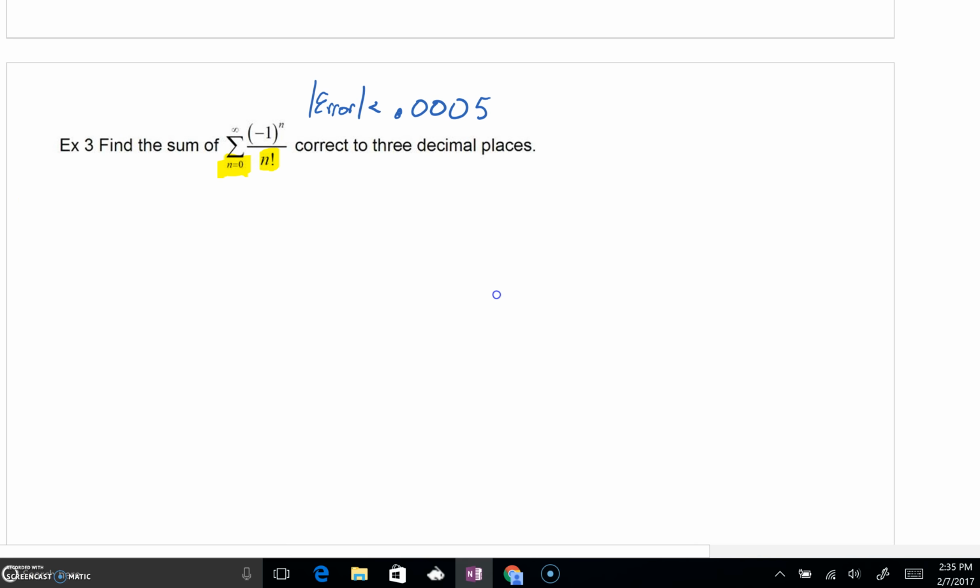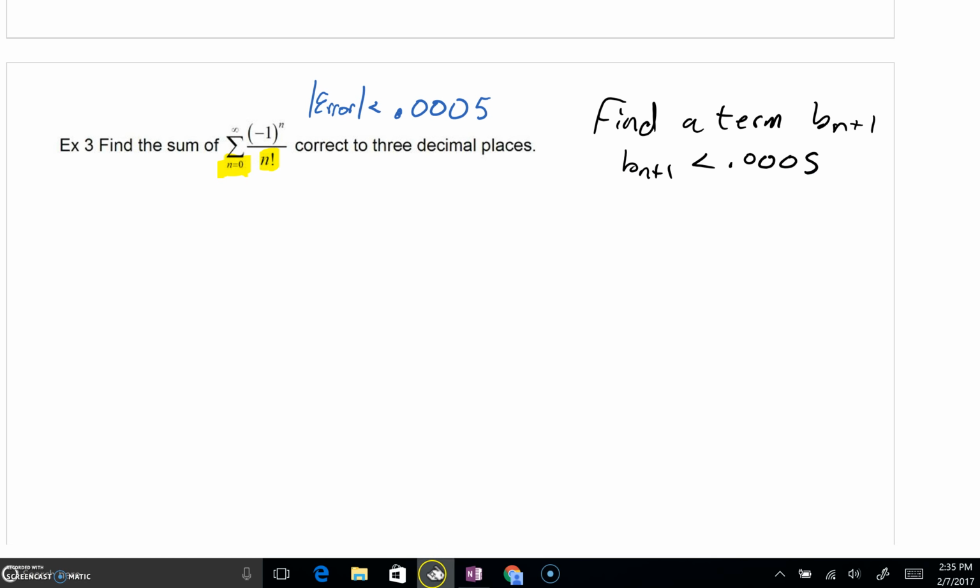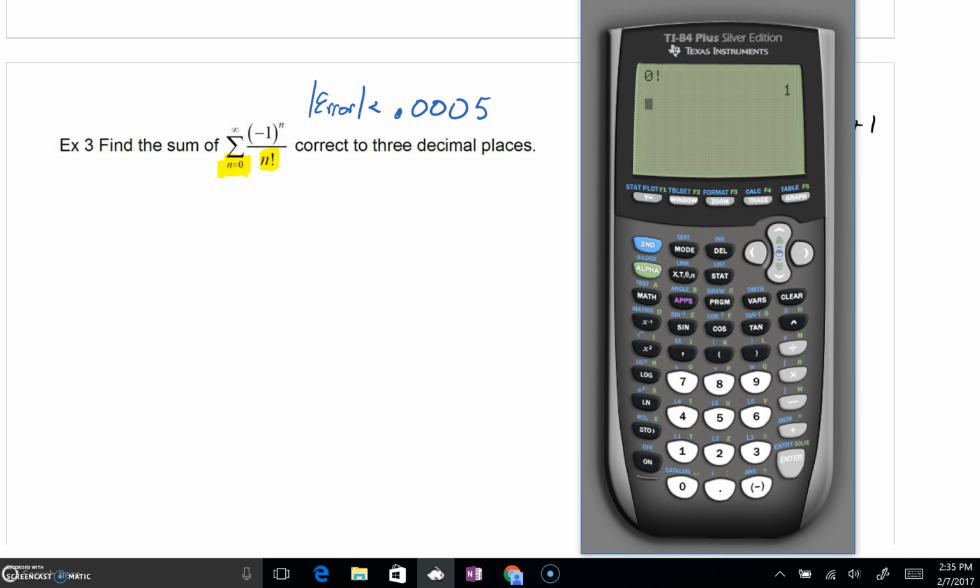So that's our goal right now. Find a term, a b sub n if you would, or a b sub n plus 1 if you would, that's going to be less than 0.0005.